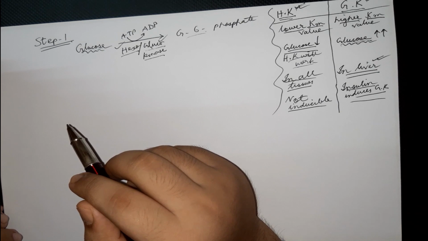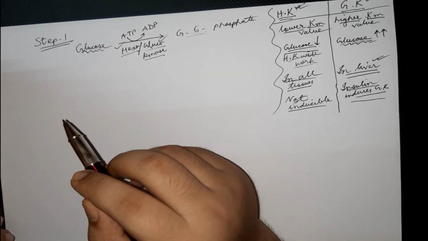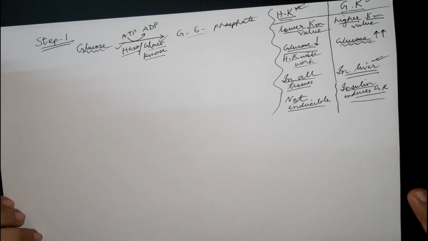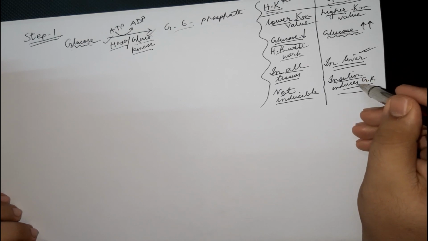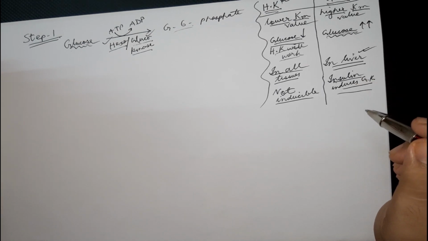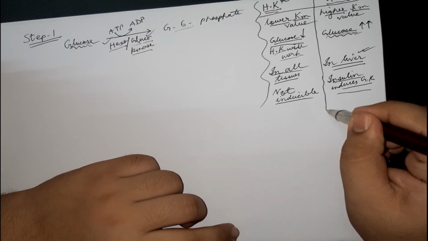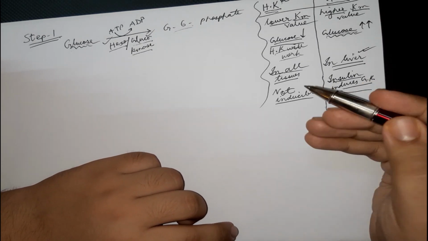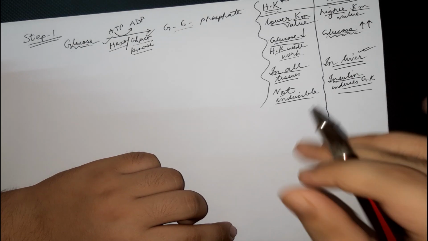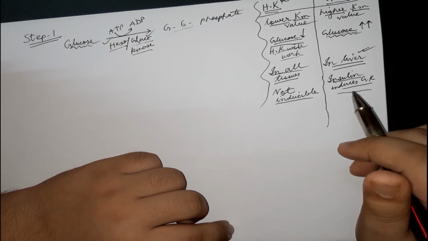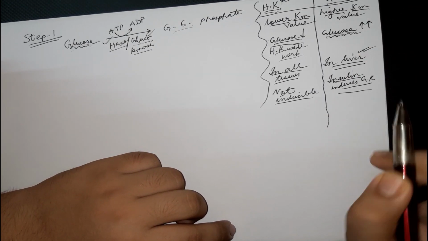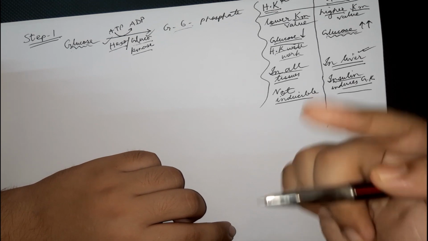Another very important thing: we said that insulin induces glucokinase. So what's the counterpart or reciprocal hormone of insulin? What is the hormone that does exactly the opposite of insulin?